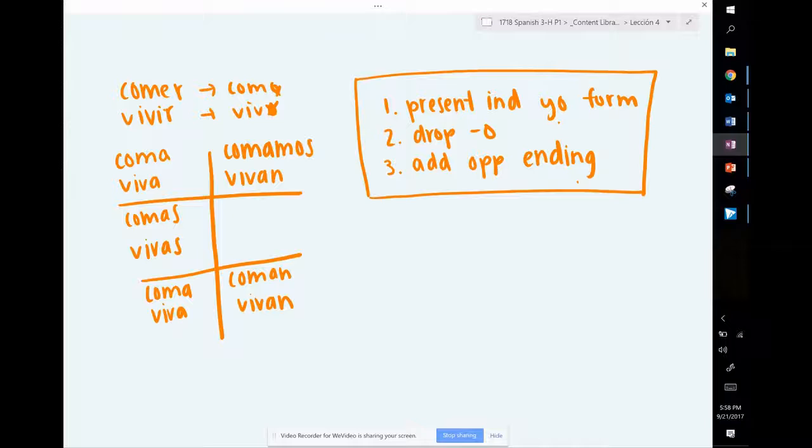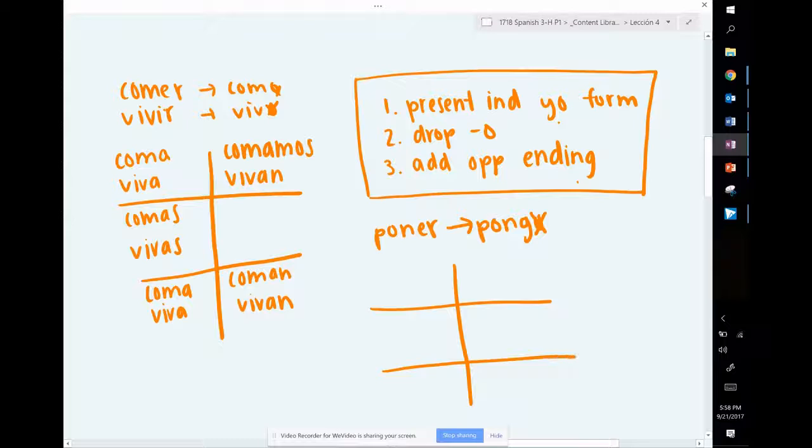So think about it. If you've got a verb like poner, we go to the present indicative yo form, pongo, drop our O, and just like when we formed commands, we're going to maintain that change. So we get ponga, pongas, ponga, pongamos, pongan.